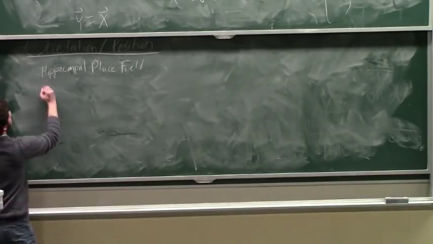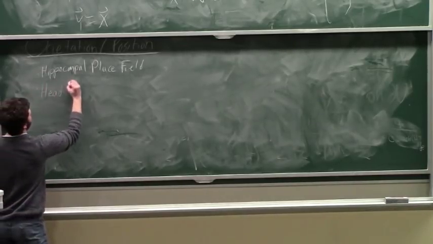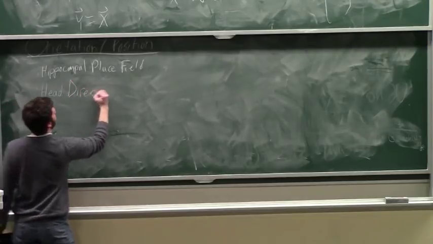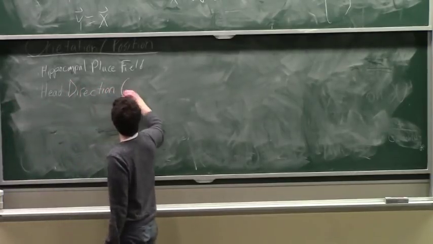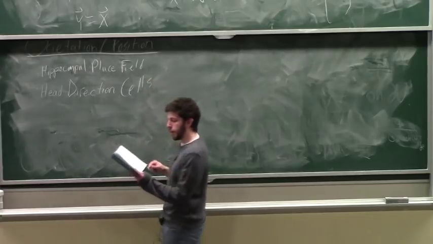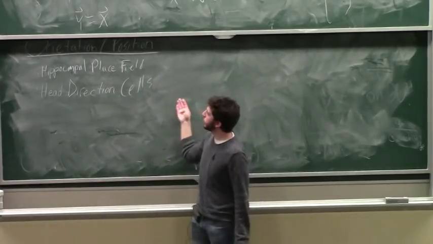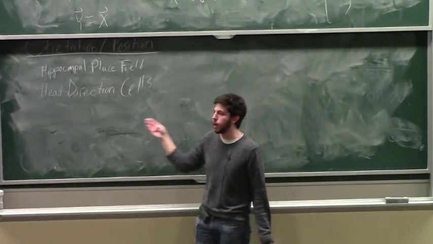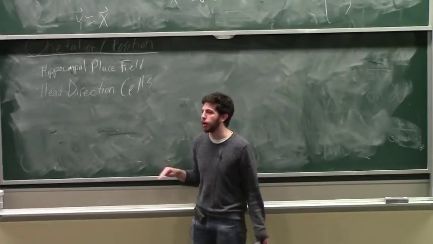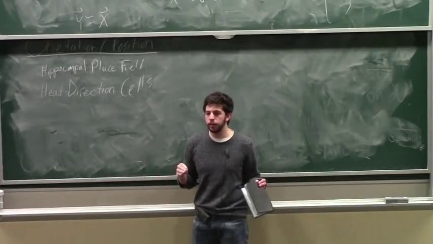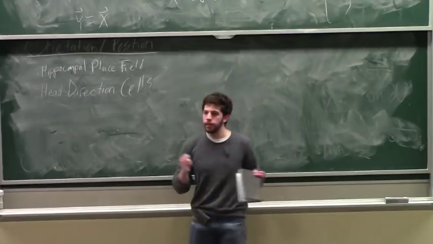There's head direction cells. All right, so these cells don't fire as a function of where you are compared to a landmark, but they fire compared to what direction you're facing.